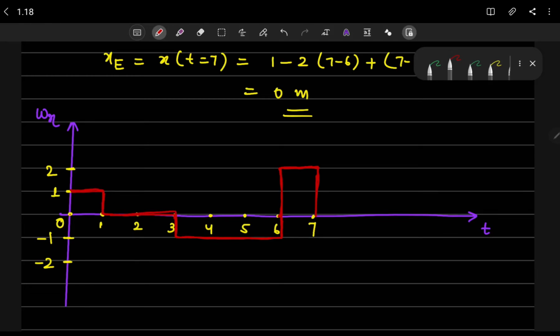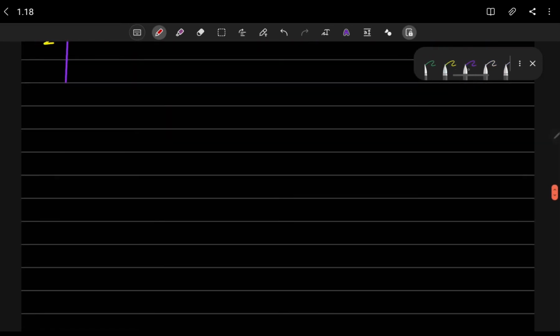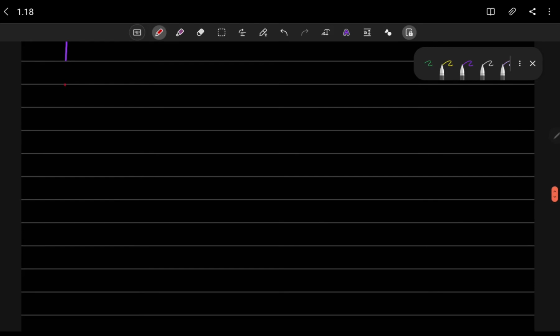Now let us come to the plot for the position. Okay, so this is the graph for the position. So in the x-axis again we are having the time, and in the y-axis we are having the position.